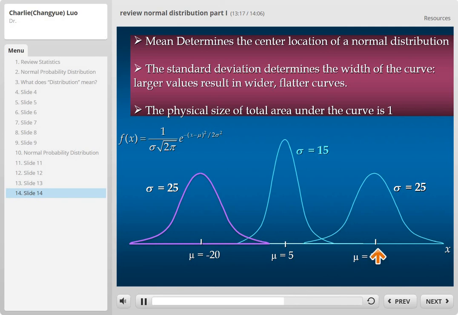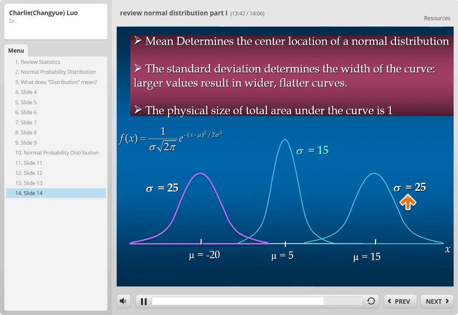So the location of this curve is determined by the mean, and the width of it is determined by sigma. So in one word, mu and sigma, the mean and the standard deviation, determine everything about a normal distribution.